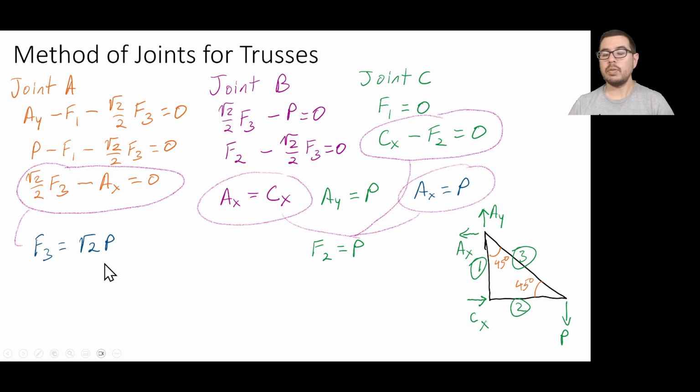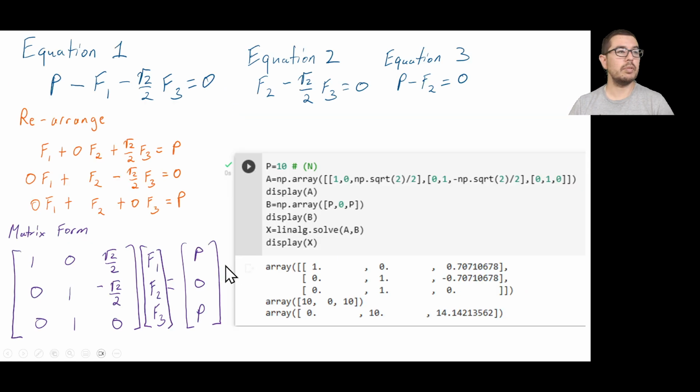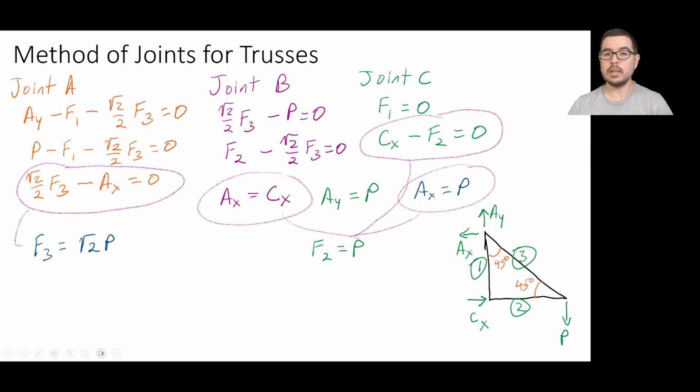So we've got F3 equals square root of 2 P, F2 equal to P, and F1 is equal to 0, because that's what we calculated earlier. So we've now solved for F1, F2, and F3.